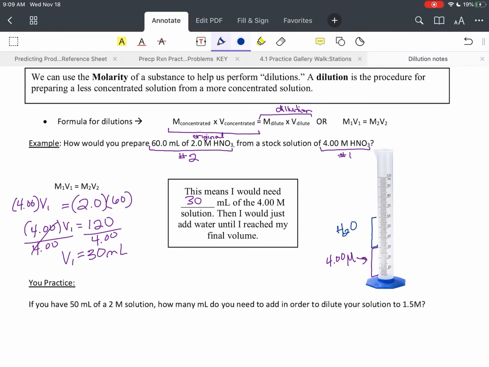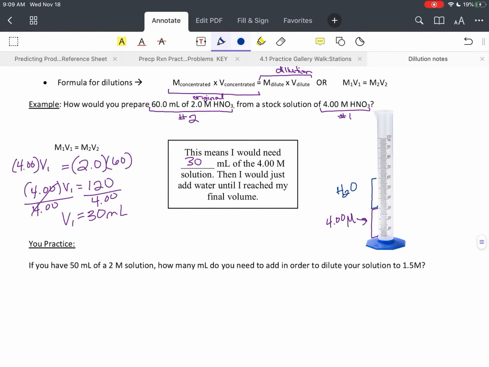Okay, so let's do this practice problem here. This is saying I have 50 milliliters of a 2 molar, so that's my original, my concentrated value. It says how many milliliters do I need in order to dilute my solution to 1.5? So my original value is 2 times 50.